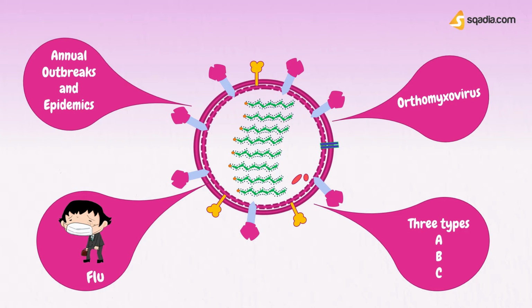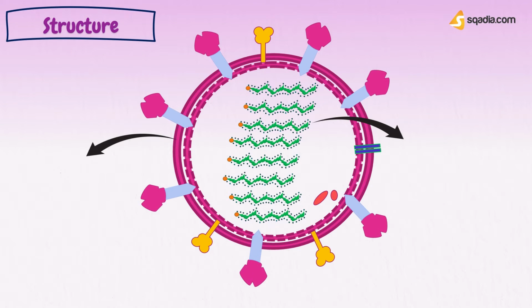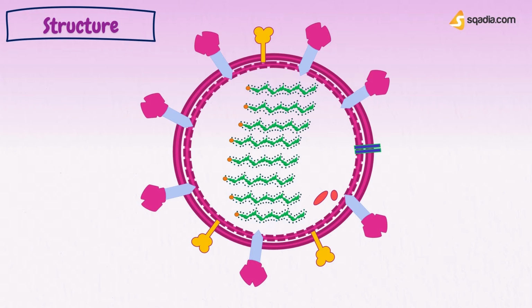Let's look at the structure of influenza viruses so we can understand them better. The influenza virus is composed of a segmented single-stranded RNA genome, a helical nucleocapsid, and an outer lipoprotein envelope. It consists of a segmented negative strand RNA genome, which is surrounded by nucleocapsid protein.